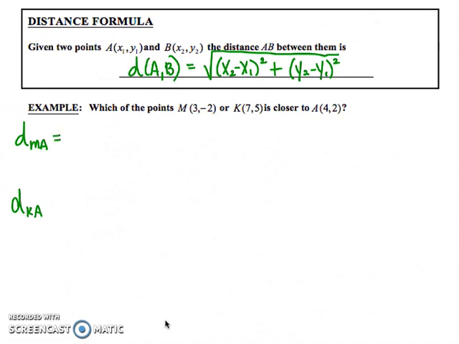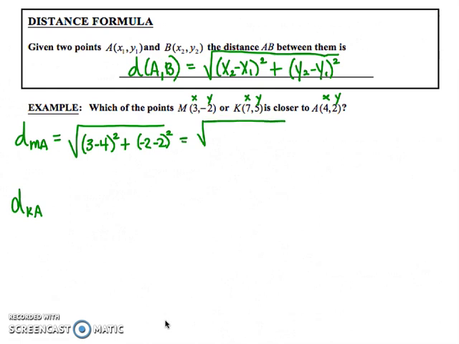Let's start with the distance from M to A. This is x, y, and x, y. Okay, so I'm just going to use my points left to right in the distance formula. So my x values are going to be 3 minus 4 squared plus my y values are going to be -2 minus 2 squared.